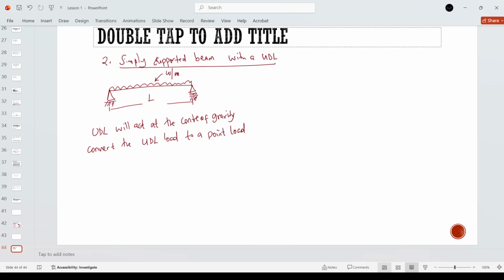If you've been given that this load is load per meter run, you'll just say load multiplied by L meters, the span. This will give you a big W, capital W. This one is a small one, this one is a big one. So in other words, this is now a point load.